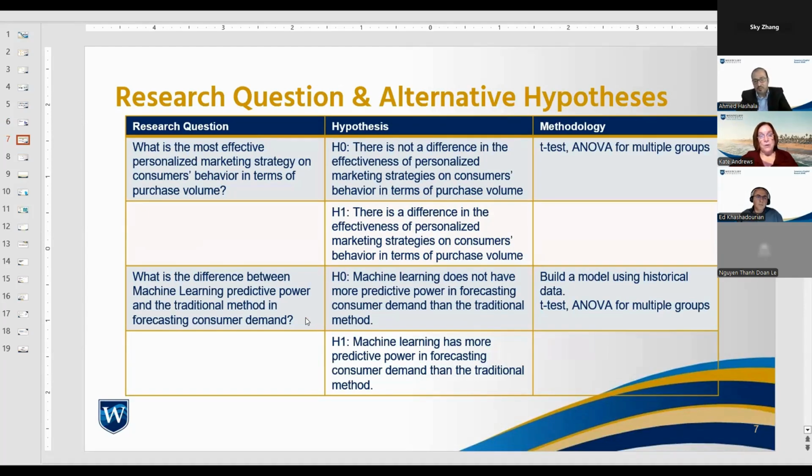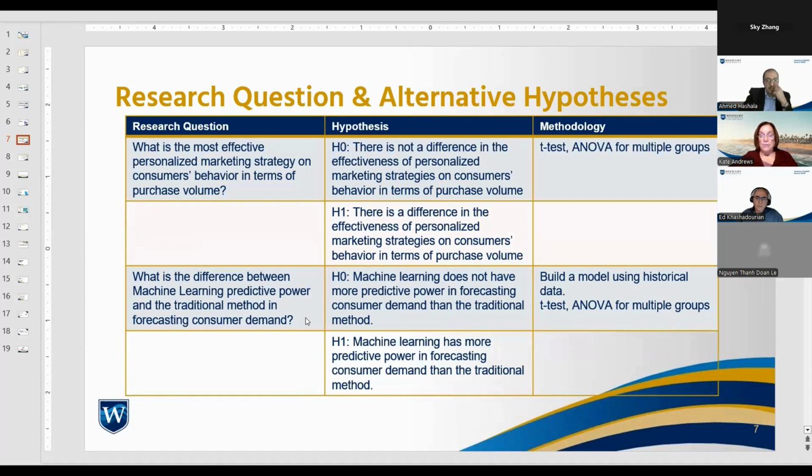What's the difference between machine learning predictive power and the traditional method in forecasting consumer demand? The null hypothesis is machine learning does not have more predictive power in forecasting consumer demand than the traditional method.